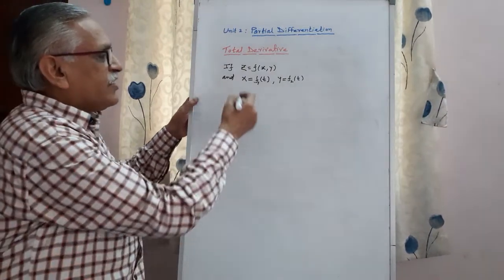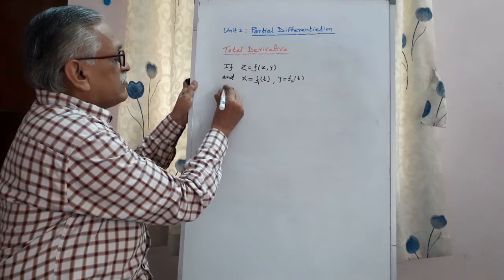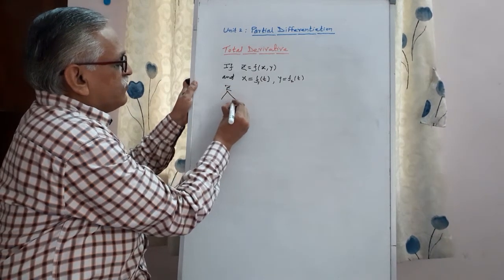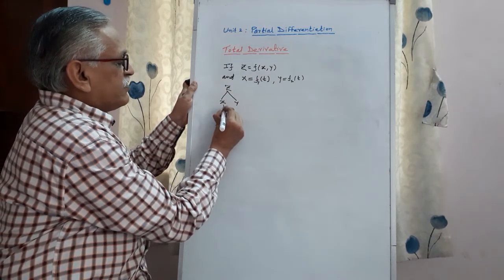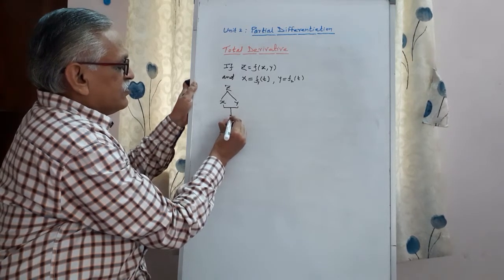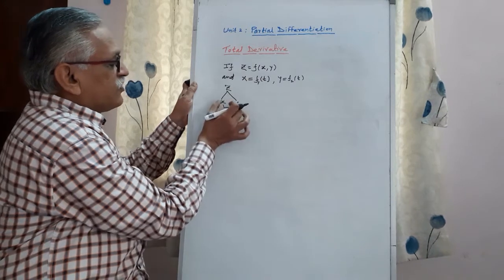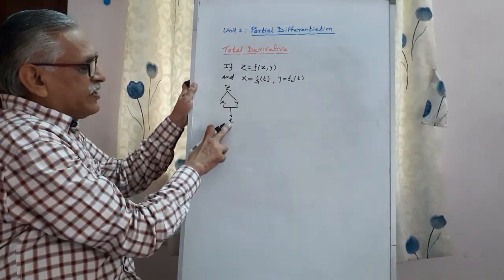Therefore, if we try to show this in terms of a tree diagram, here z is a function of two variables x and y, and these x and y are functions of variable t. Here z is a function of two independent variables, and x and y are functions of only one independent variable.